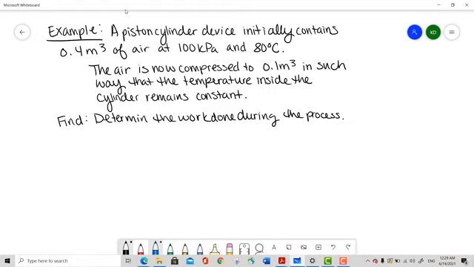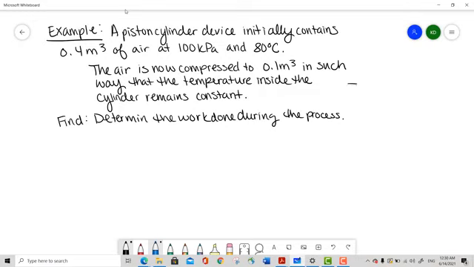It's a piston cylinder device initially contains 0.4 meters cubed of air at 100 kilopascals and 80 degrees Celsius. The air is now compressed to 0.1 meters cubed in such a way that the temperature inside the cylinder remains constant. So there's two things that I want you guys to notice right off the bat. Number one, of course, it says temperature is constant.